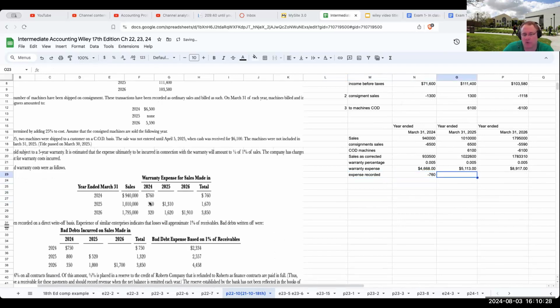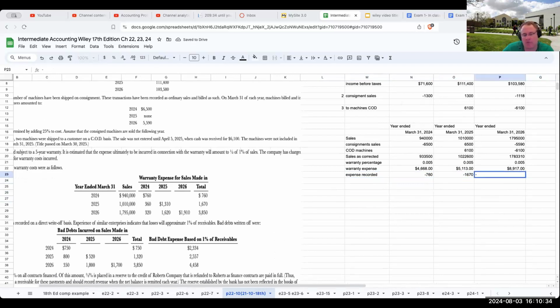My expense recorded in 2025 was 1,670. And over here, the warranty expense I recorded in 2026 was a total of 3,850. So this is what I should have done. This is the amount of expense that I did record collectively.